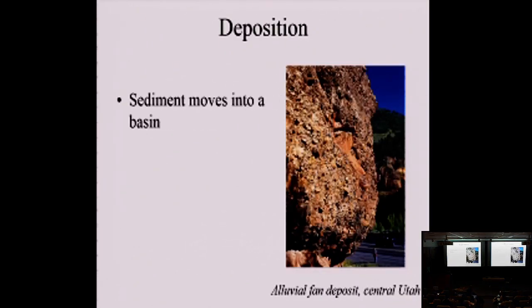So deposition is when they stop transporting, moving them into their final resting place called a basin. The ocean is the last basin, the terminal basin in all products of weathering. But you can move them into a lake or deposit them in a river, deposit them in some low-lying area.